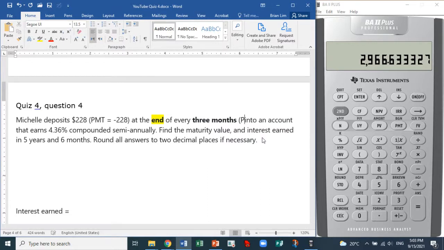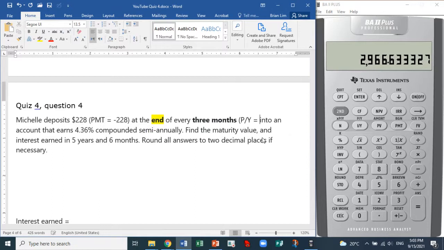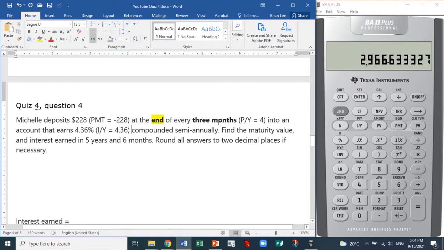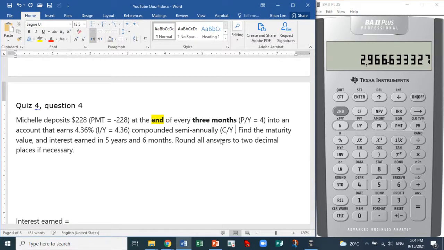So these are deposits, so these are payments, and so PY would be 4, into an account that earns 4.36%. So that is our IY, 4.36, and it's compounded semi-annually, so that means CY is equal to 2.